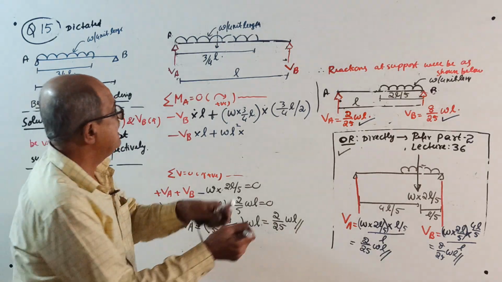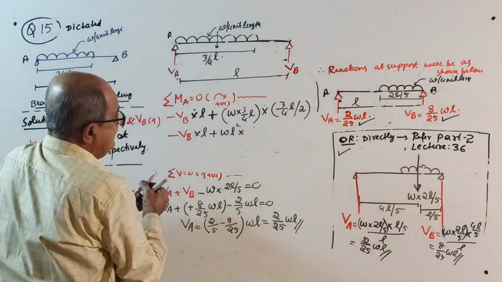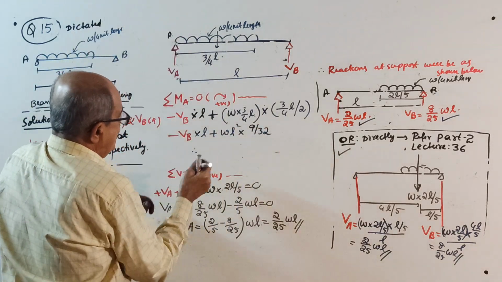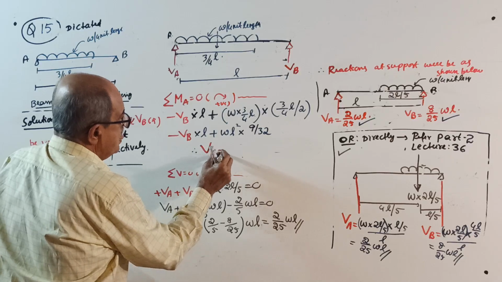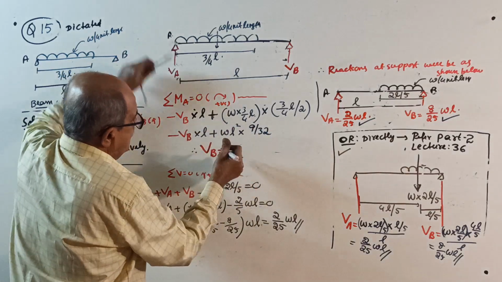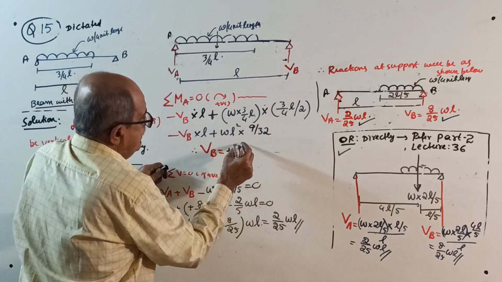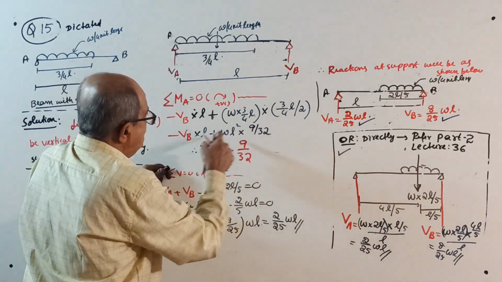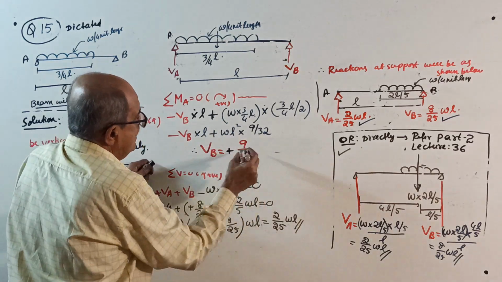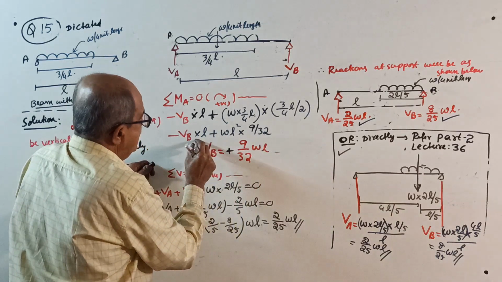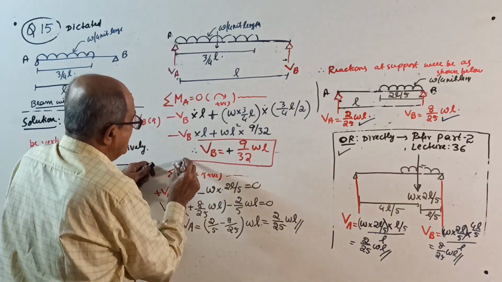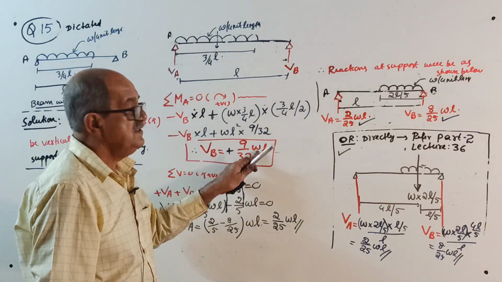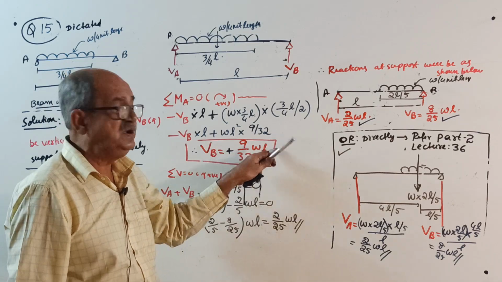Write whatever you got into 9/32. Therefore, your VB will come, take that side, 9/32 WL square divided by L, so 9/32 W into L, not L square. It can't be L square because reaction is a load. When it's a force, this is load per unit length into length.